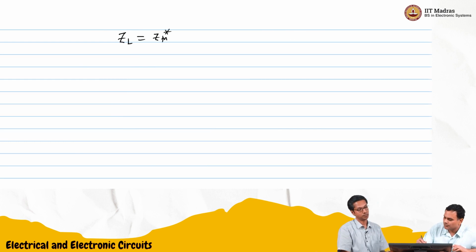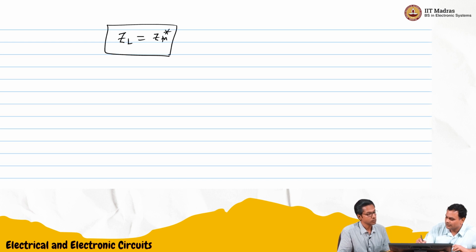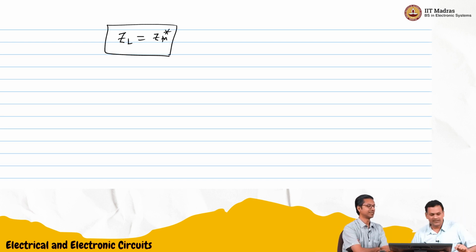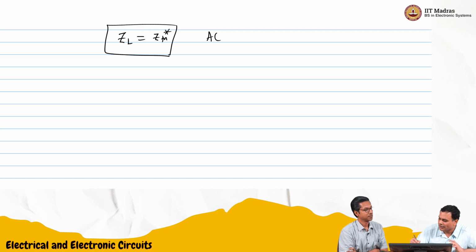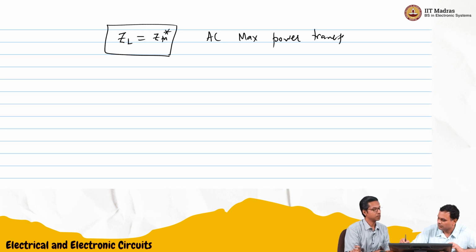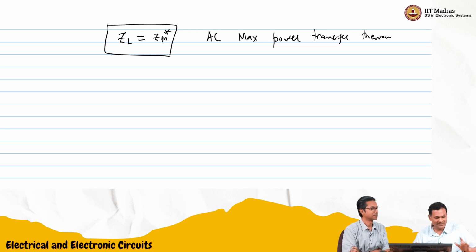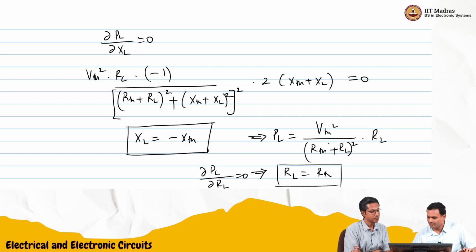Interesting. So this is AC maximum power transfer. The reactive power should cancel out and the resistive parts should be equal.